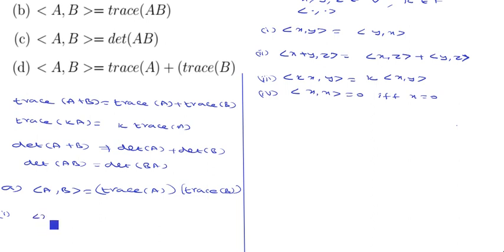So the first one, <x, y> is equal to trace of A into trace of B. Since multiplication of two real numbers is commutative, therefore trace of A into trace of B will be equal to trace of B into trace of A. So therefore <x, y> equal to <y, x>. So the first is satisfied.